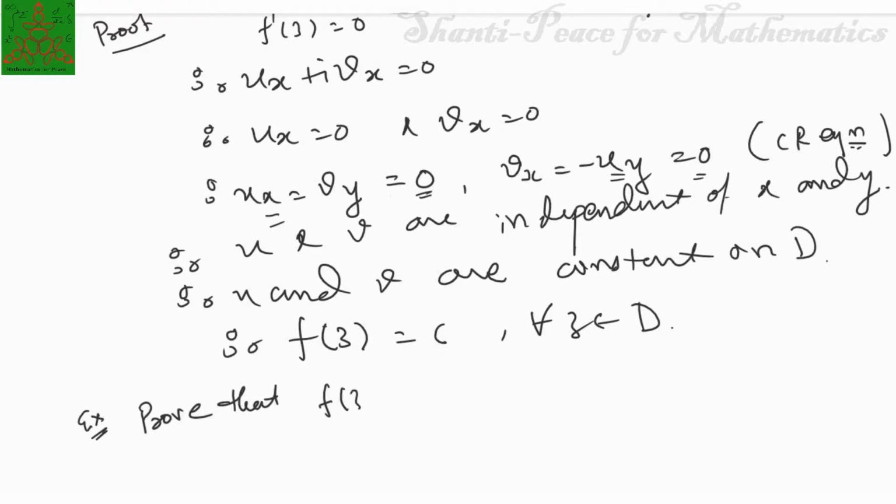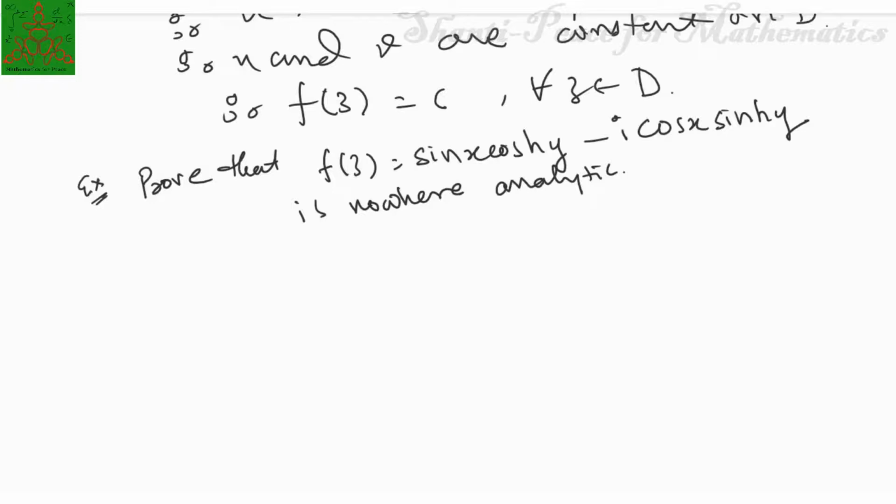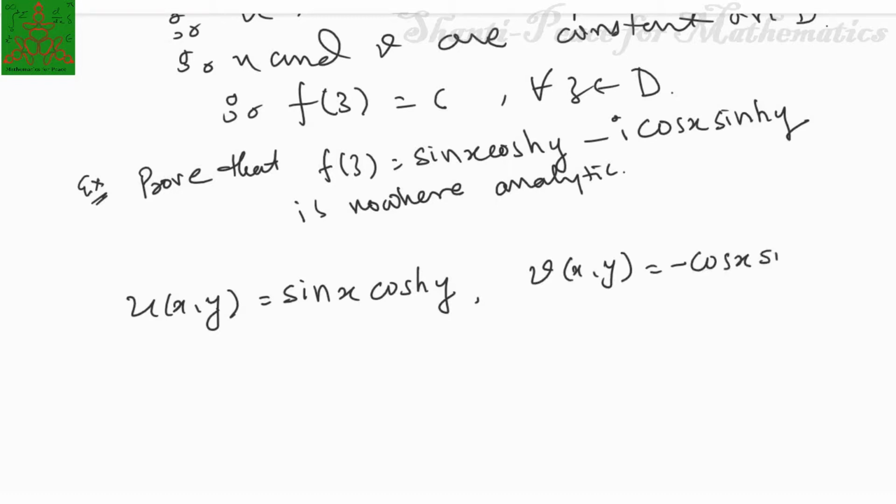Prove that f of z is equal to sin x cos hyperbolic of y minus i cos x sin hyperbolic of y is nowhere analytic. To prove this, let us calculate the real part of this function, which is sin x cos hyperbolic of y, and the imaginary part, which is minus cos x sin hyperbolic of y.